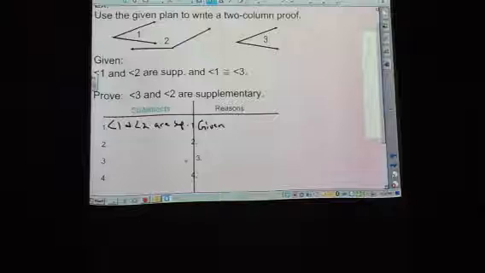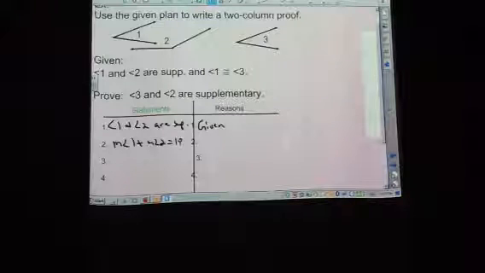I'm going to hold off on that just a second because I'm going to use this information to get me going here. So what's it mean to be supplementary? It means that the measure of angle 1 plus the measure of angle 2 equals 180 degrees, and that's just by definition of supplementary. And I'm going to abbreviate that a little bit.